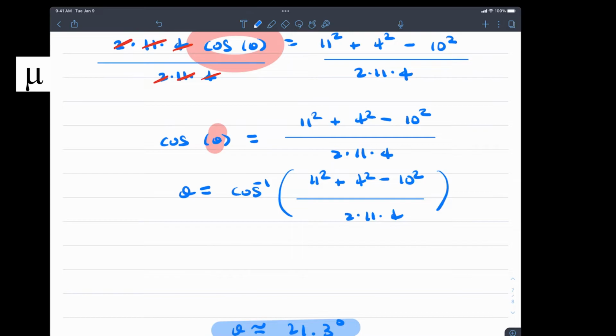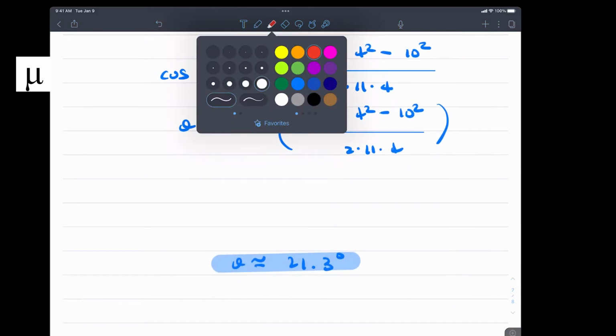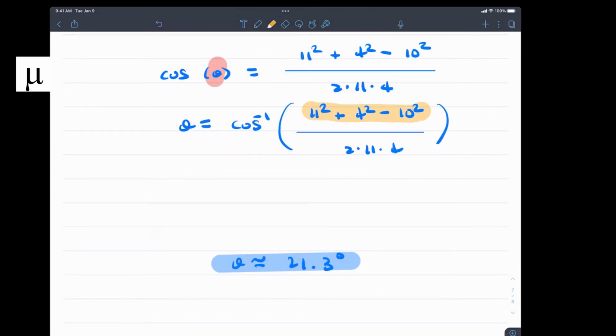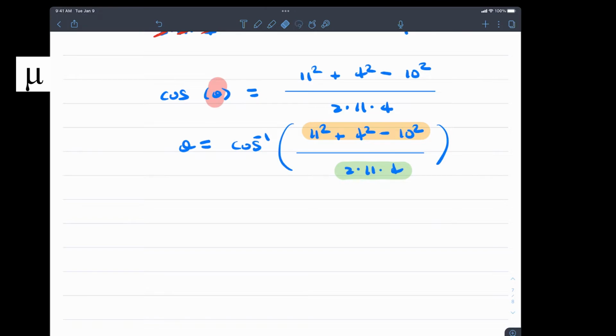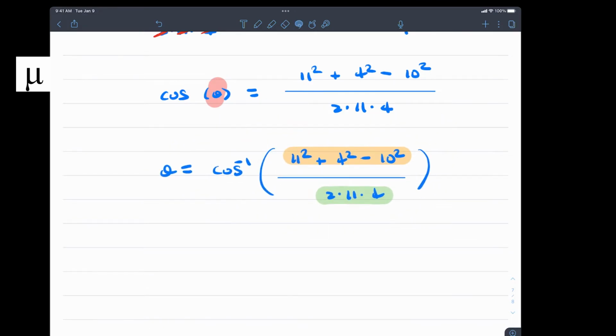Okay. All right, so now remember, we're going to do what here? You're going to do these kind of things. We're going to enter that in our calculator.